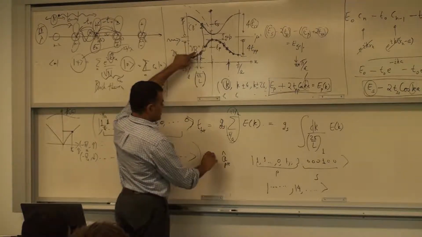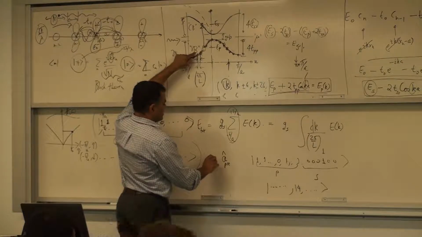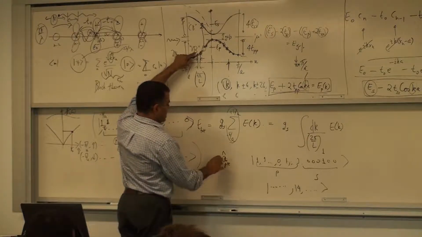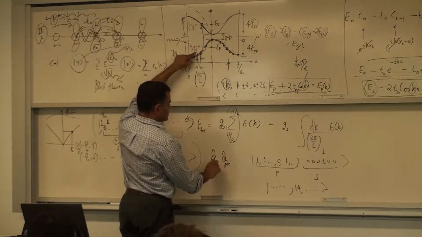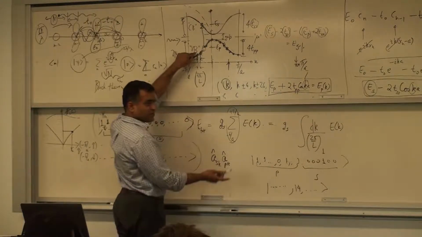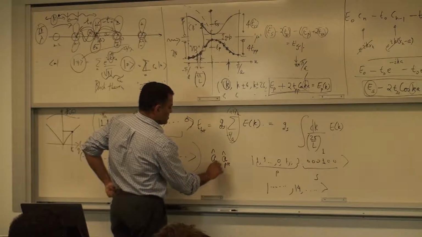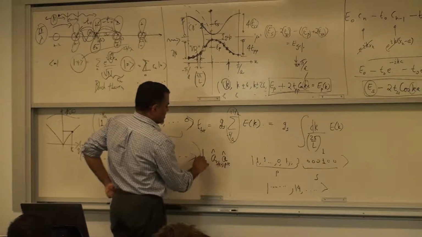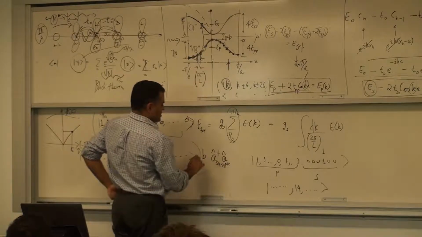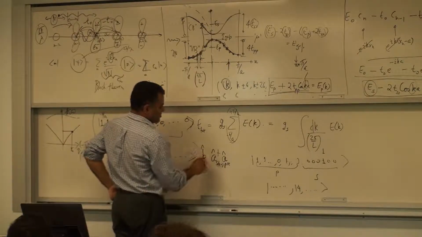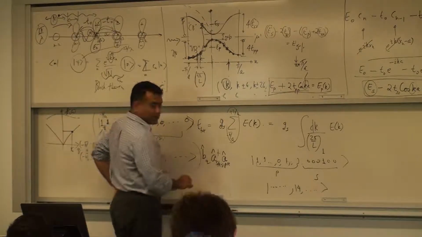And then annihilating the k state and creating in the s orbital, right? The same k, or it could be different k, doesn't really matter. Maybe k plus q or k minus q, depends. And then annihilating, creating this, and then annihilating a boson in your q state.